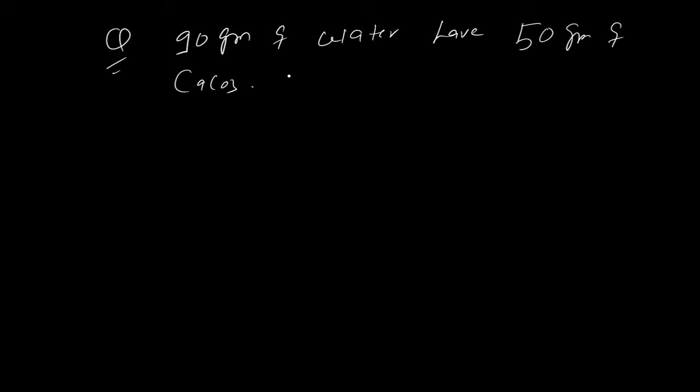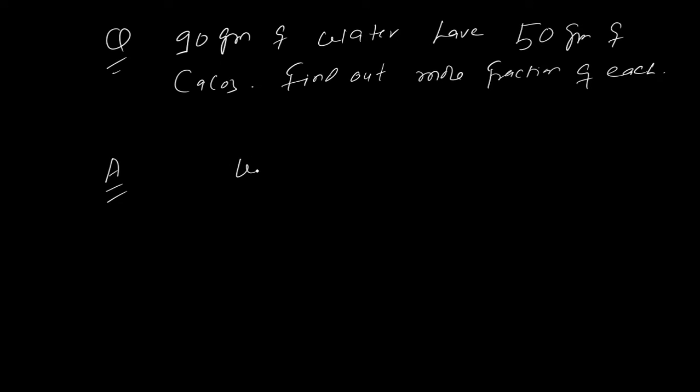Now find out the mole fraction of each. So how do you get it now? In such a question, first you have to find out the number of moles of each. So number of moles of each means you have water and you have calcium carbonate.